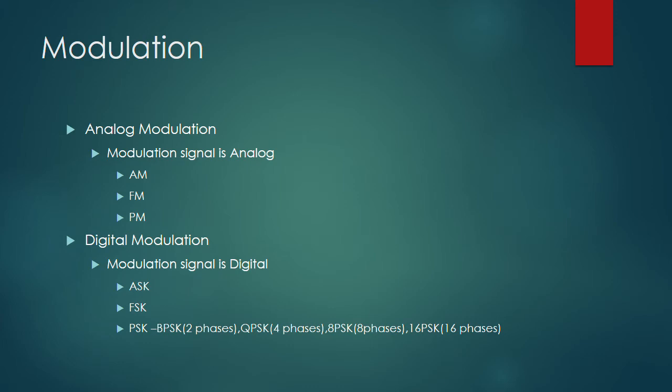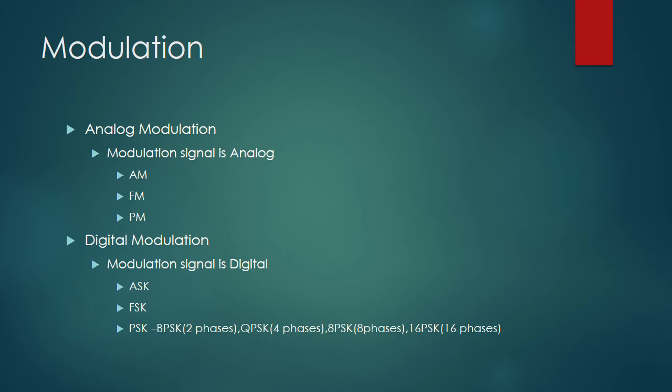We normally call them AM, FM, and PM. In digital modulation, the signal is digital, and we convert it to analog. So it's ASK, FSK, and PSK: amplitude shift keying, frequency shift keying, and phase shift keying.